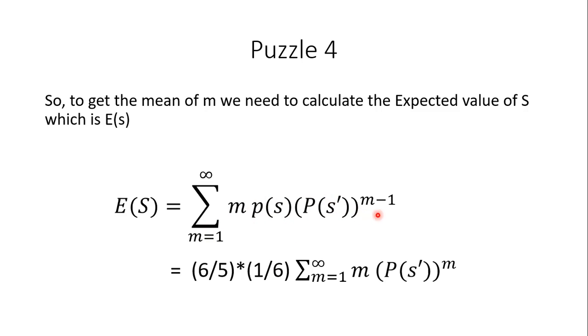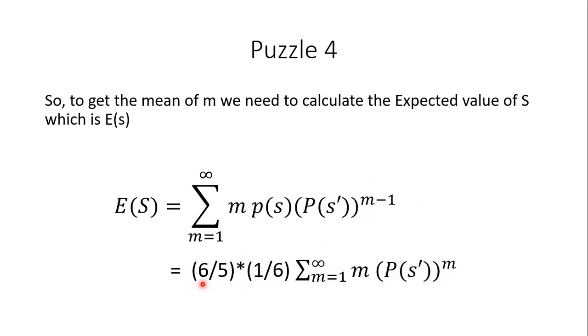What we have done here is multiply this equation by 6/5 to make the power m minus 1 into m, and to keep the balance.